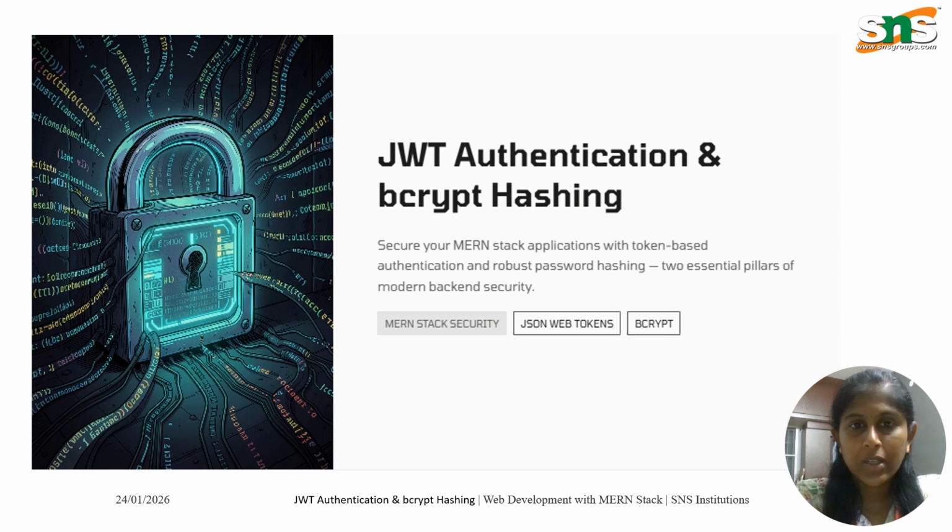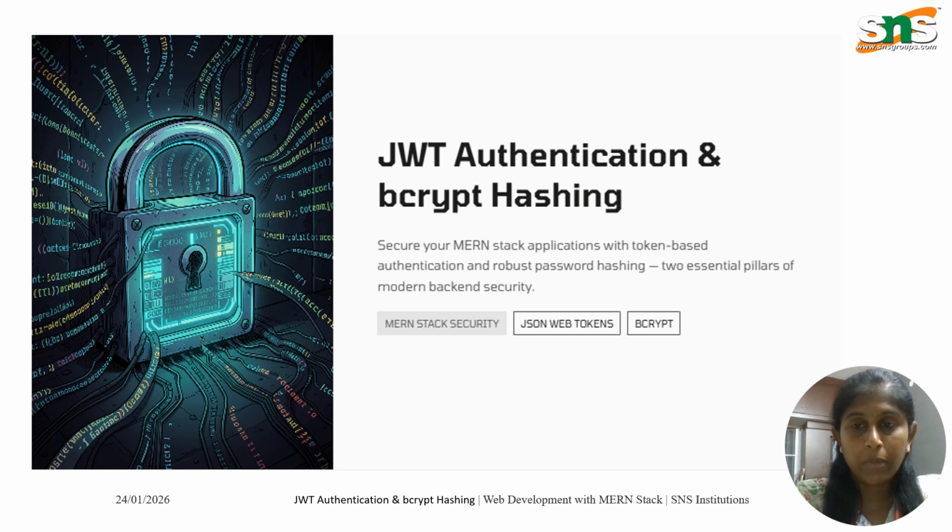Authentication is the process of verifying the identity of the user. When a user enters their username and password, the system checks whether the credentials are valid. Authentication cannot be treated as an afterthought because modern applications store sensitive information such as passwords, payment details, and personal data.